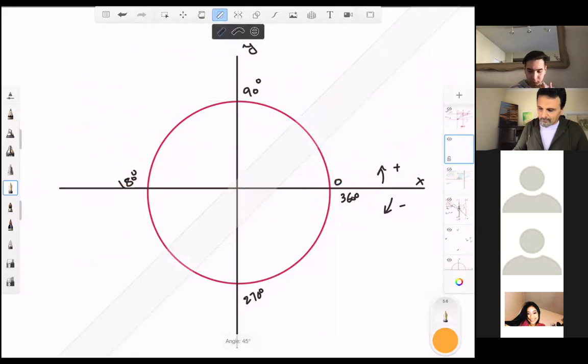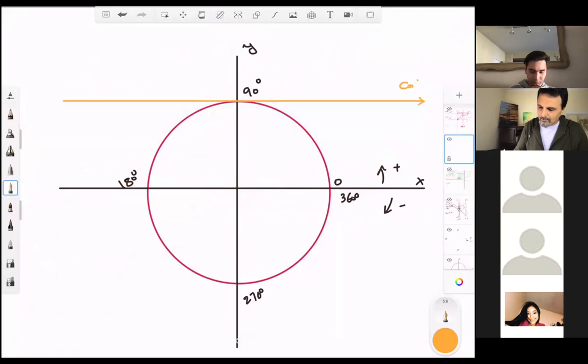Let's clarify this. This is cotangent, correct? I guess 90 degrees and 180 degrees are like opposite signs or something like that. So look at this: when I make a line, this is a cotangent line. You see that?